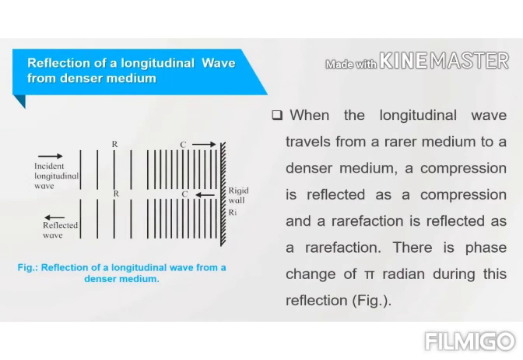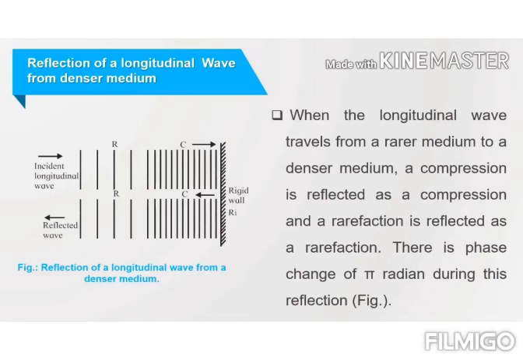Next article is reflection of a longitudinal wave. Consider a longitudinal wave traveling from a rarer medium to a denser medium. In a longitudinal wave, compression is a high pressure region, while rarefaction is a low pressure region.